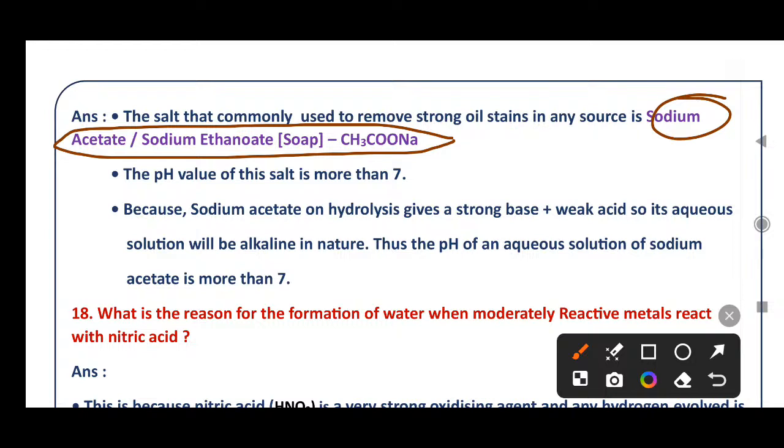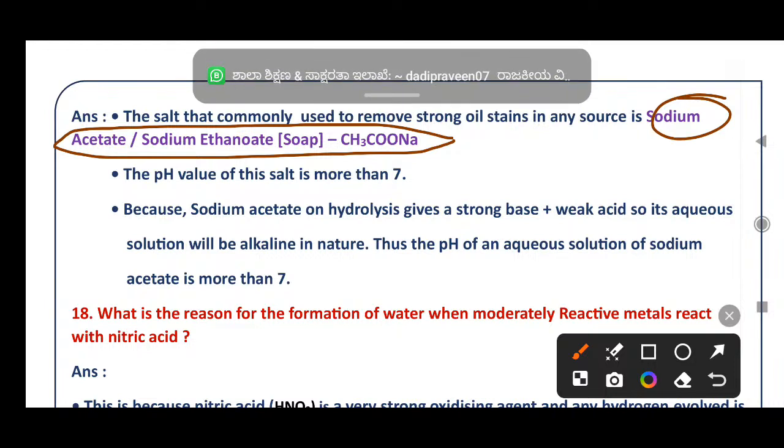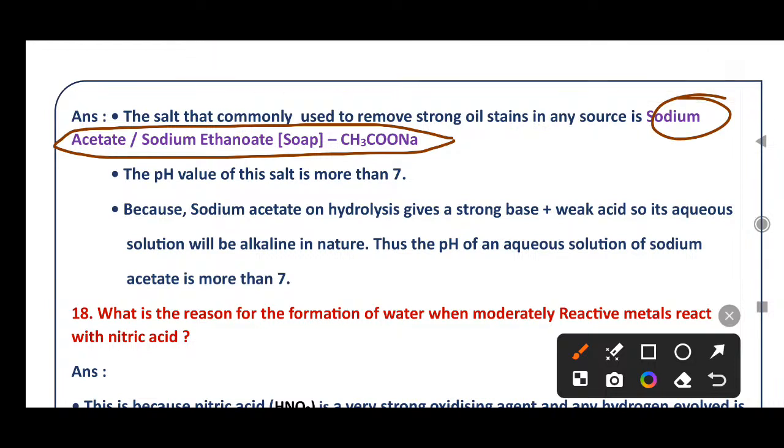Long chain hydrocarbons that contain sodium or potassium salts are also called detergents. Soaps are not helpful to remove the stains of oils. Keep in mind, practically we have to think here. Practically this is wrong, sodium acetate or sodium ethanoate. These are prepared with the help of saturated oils.